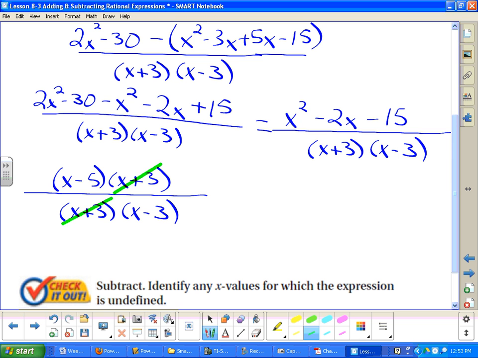Both the numerator and denominator have x plus 3. So we're left with x minus 5 over x minus 3. And then x cannot equal what? Can't equal 3, right? But it also cannot equal negative 3, because if we go back to the original, if I put negative 3 in, I'd end up with 0 also. So x cannot equal plus or minus 3.